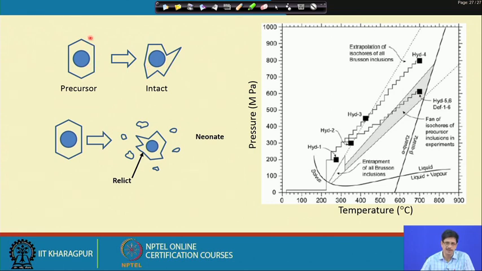If this represents the original intact inclusion, then we could have an inclusion whose shape is distorted, whereas the volume and the compositional characteristics remain the same, and that is why it could be denoted as an intact inclusion.